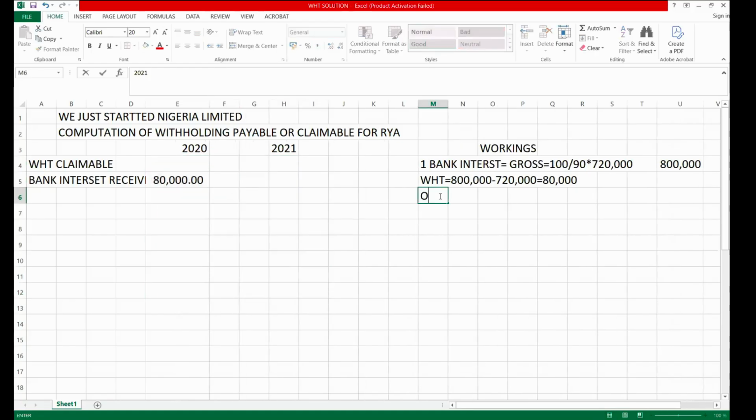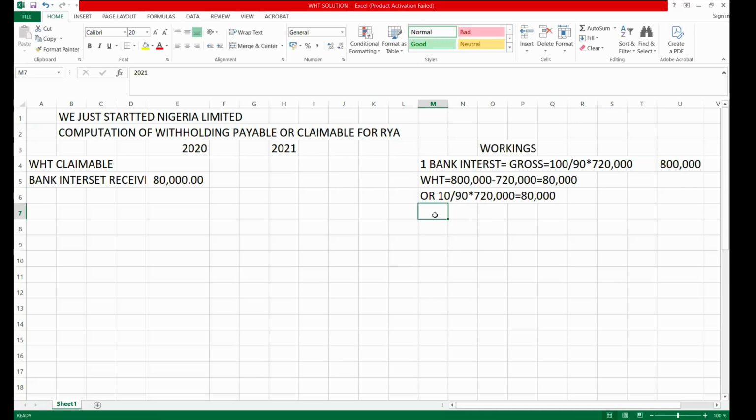Or instead of doing that, you can calculate the withholding tax straight away. You know that the withholding tax rate is 10%. You can say 10 divided by 90, multiplied by 720,000. That will give us the withholding tax amount of 80,000 naira. Either way can be adopted.